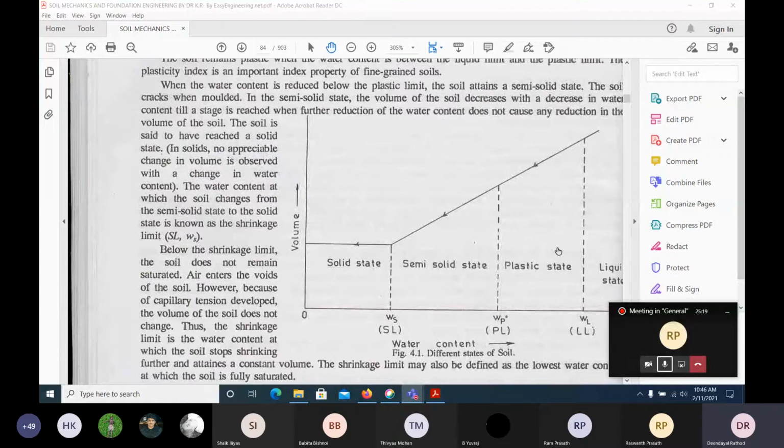It can be in a plastic state again, you can remove it and mold it. Then dry for one more day, and it can be in a solid state. After some more days, there won't be changes in the volume. That volume is constant, but it is filled with air.